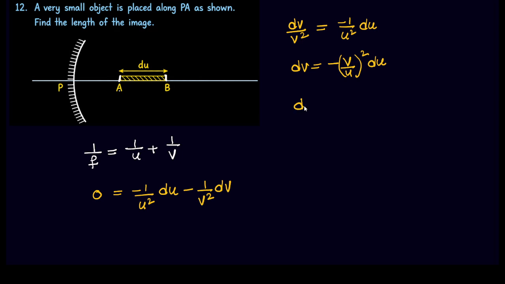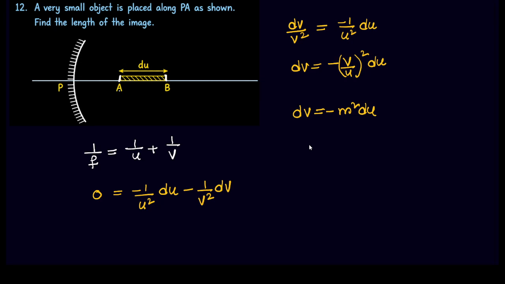Here v by u is the magnification, so dv is equal to minus m square into du.